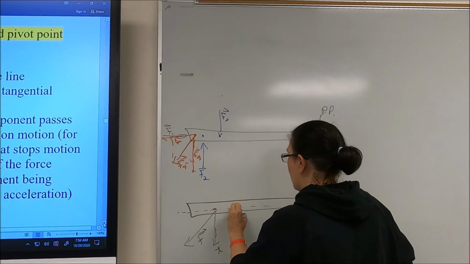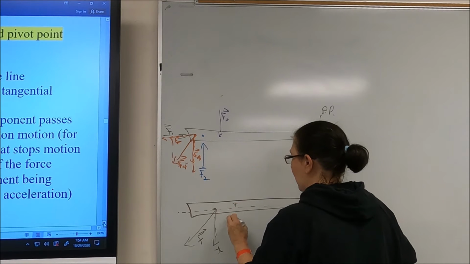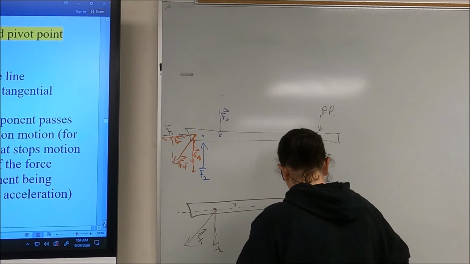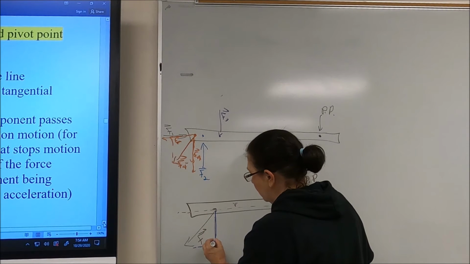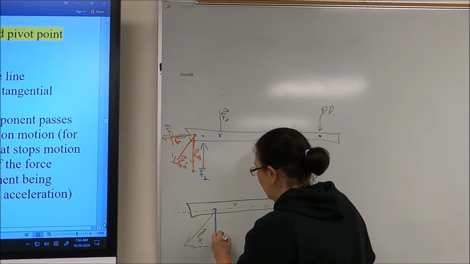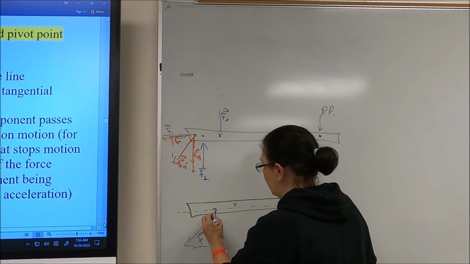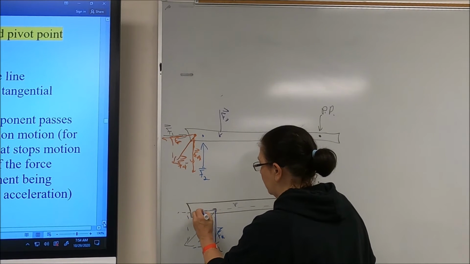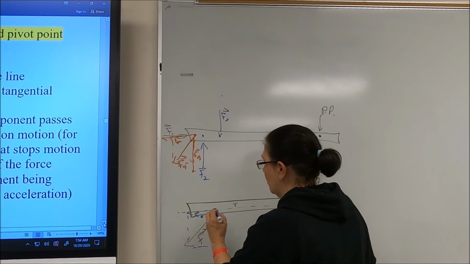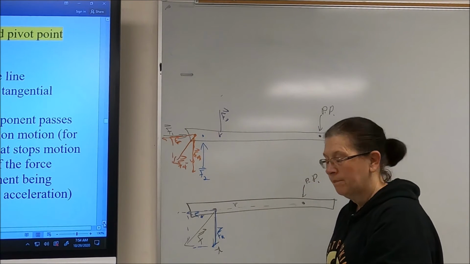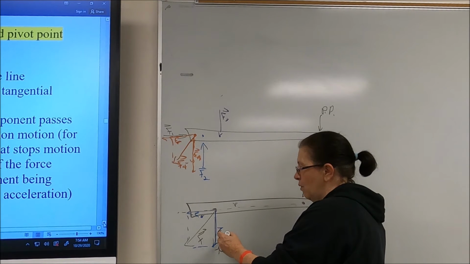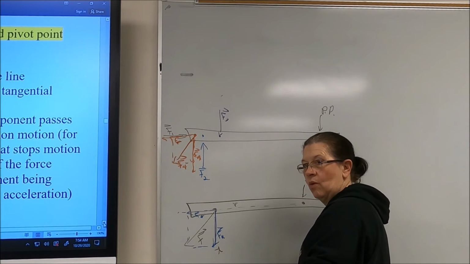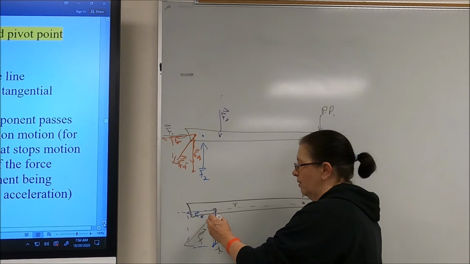This is our R-axis. So I break that force up into components. This is force tangential. This is force radial. Only this component of the force is going to cause a rotation.